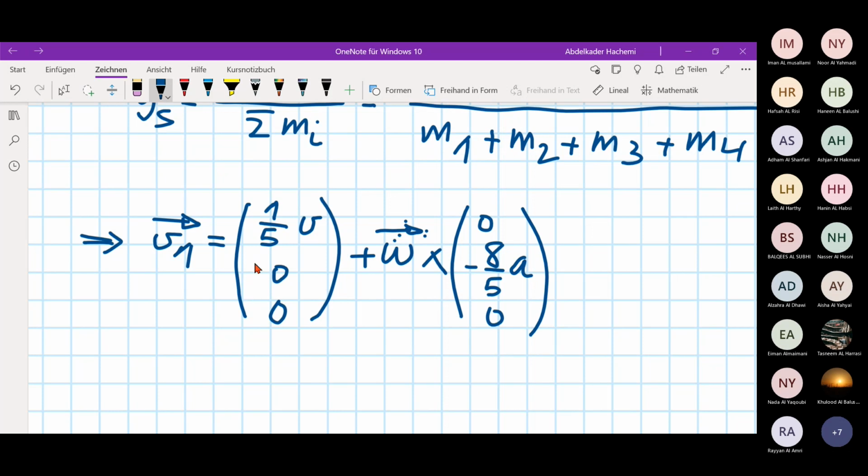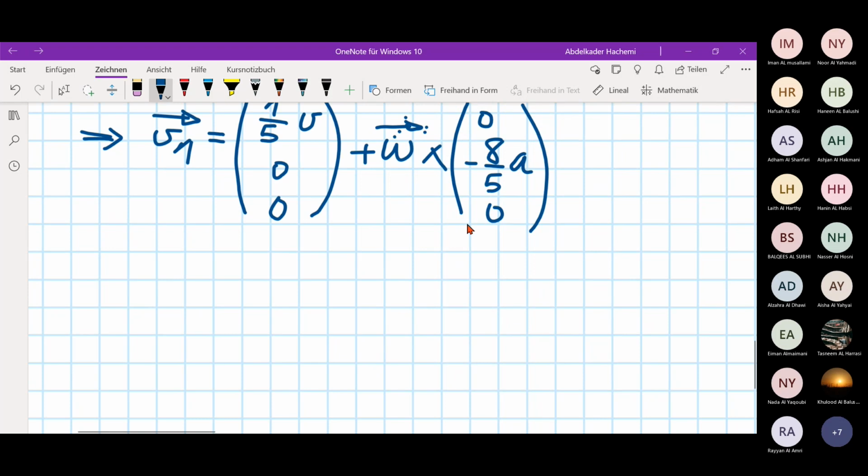Okay, then we have only to make the cross product. Then we get here 1 divided by 5 multiplied by v plus 8 divided by 5 a phi dot. And this is given in x direction.